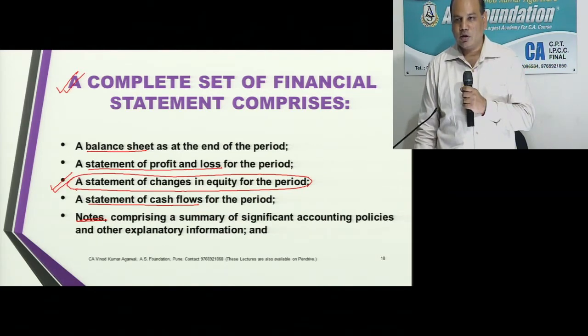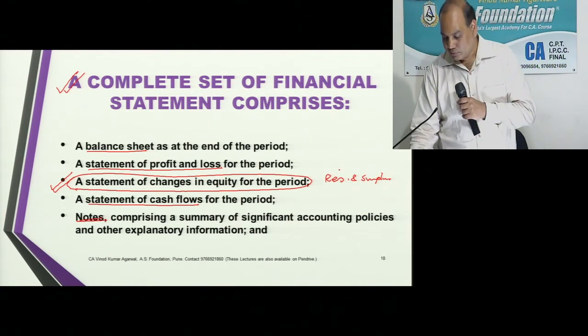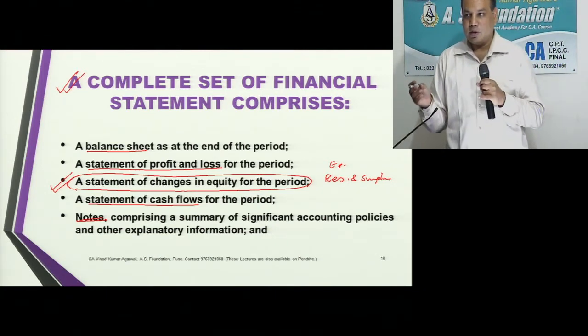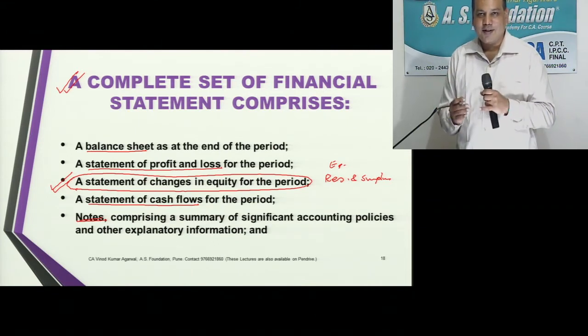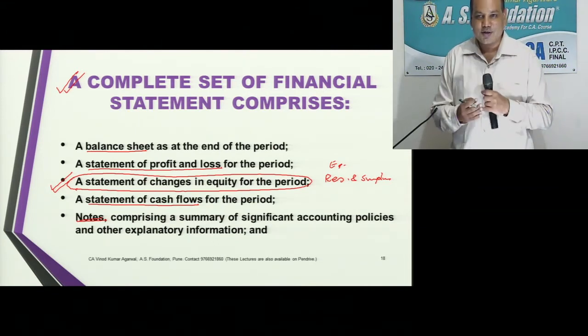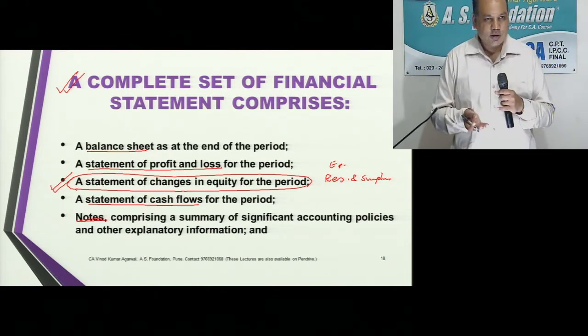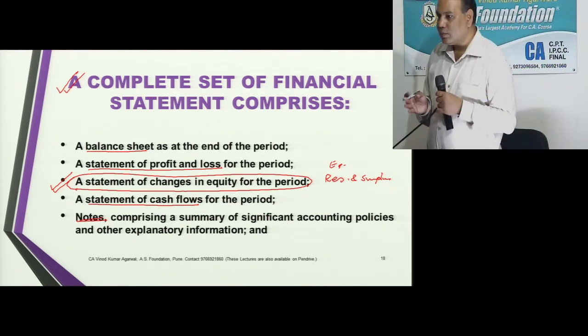Actually speaking, it is not new. Earlier we used to write one heading called reserves and surplus. Now what I'll do is, equity share capital plus reserves and surplus, we will prepare a statement where we will write the opening balance brought forward from last year, additions, deductions, closing balance. So we were doing the same thing in reserves and surplus.